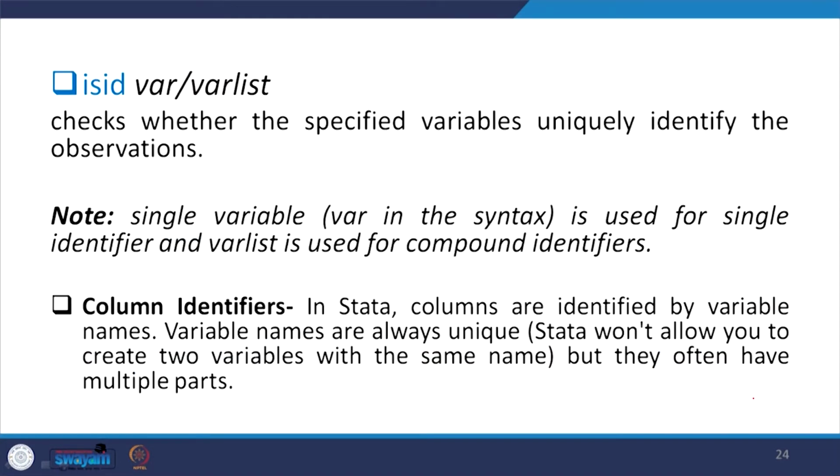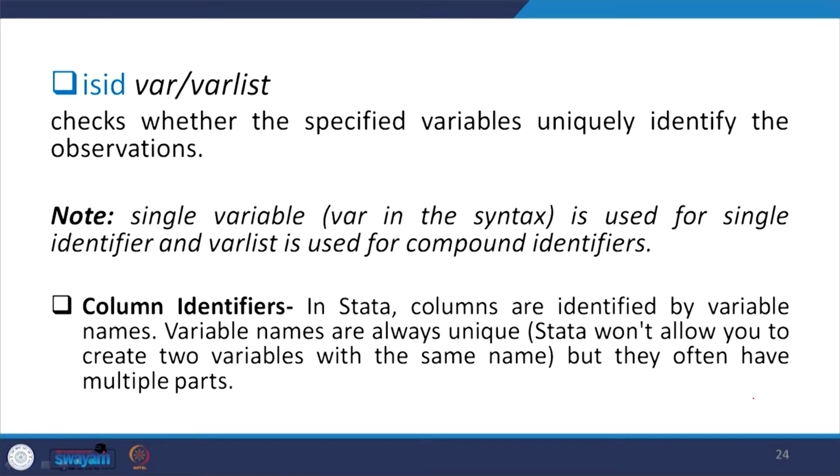Now, let us understand the easiest way of tracking the unique IDs. Let me point out very clearly that unique IDs are very important for you to merge the data with another data set. If you want to merge, unique IDs are very essential. Even when you merge for panel information, it is essential.